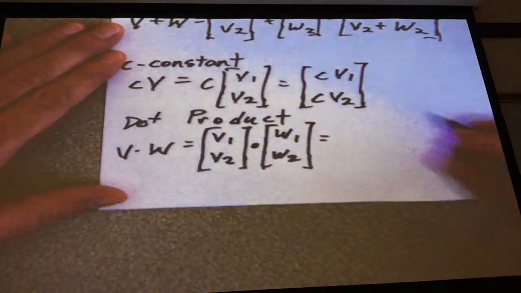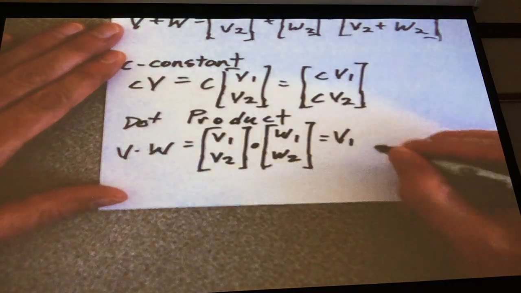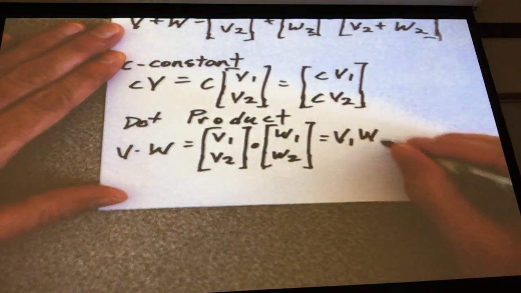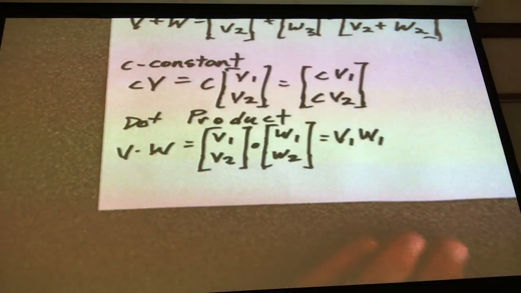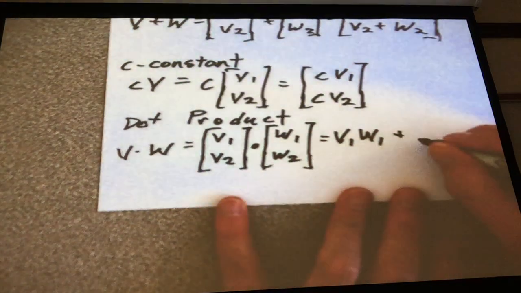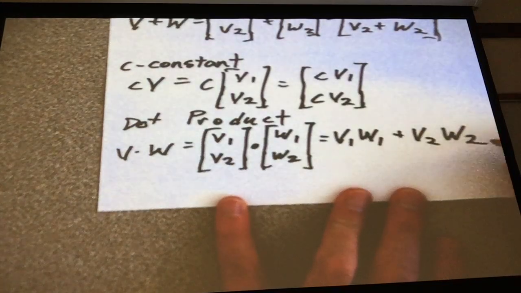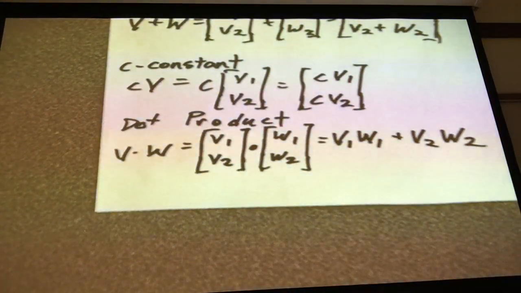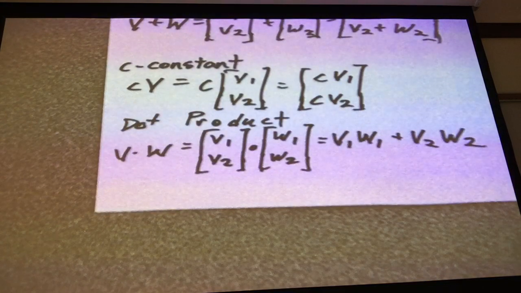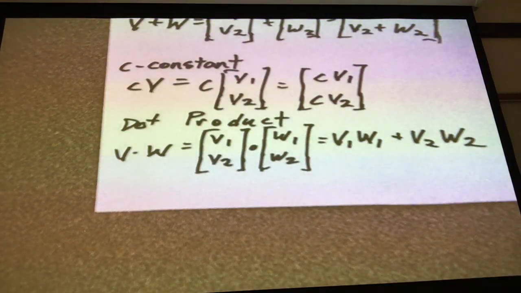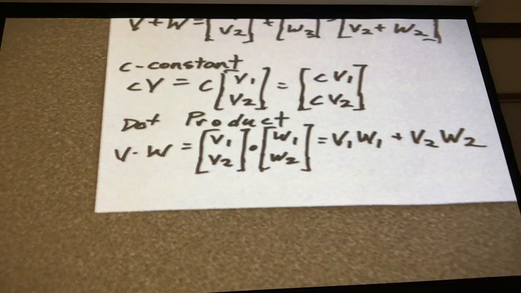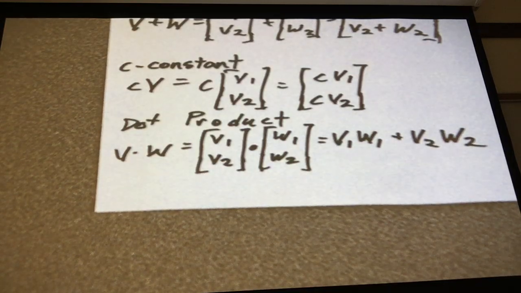So, that's going to equal V1 W1 plus V2 W2. So that's some of the basics in regards to vectors. We're going to spend a lot more time talking about this dot product a little bit later, because the dot product also defines what length is in the normal Euclidean sense. Okay?